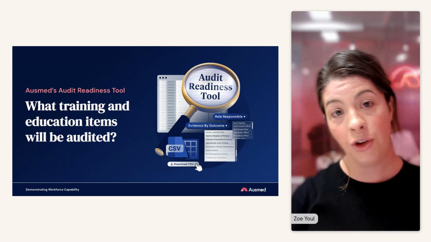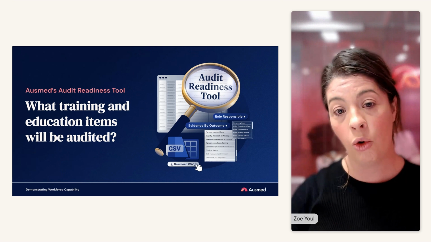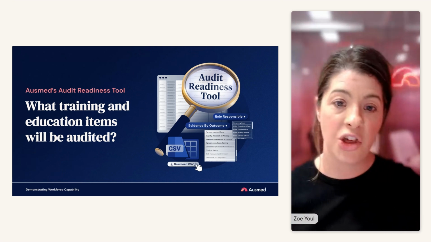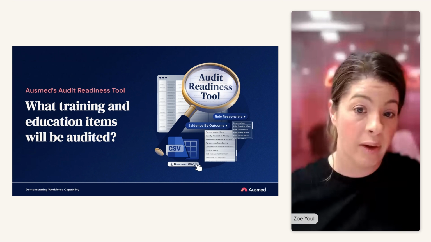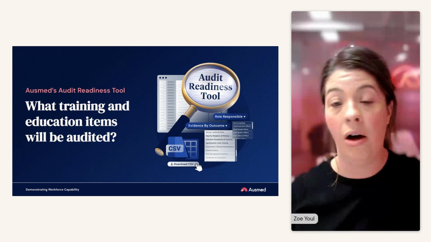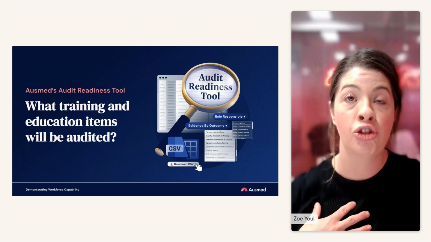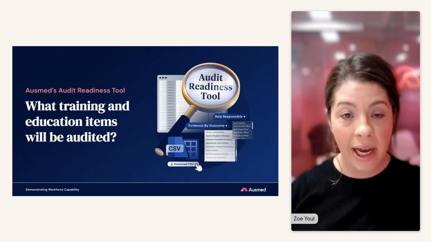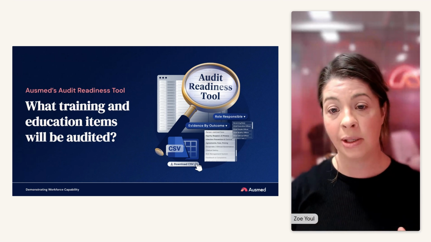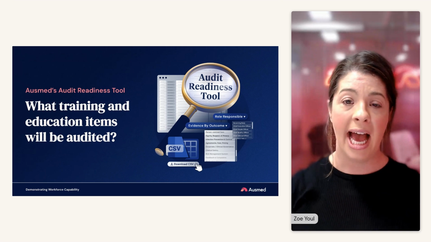But for any of you that hasn't already got yourself a copy, we'll pop the link in the chat to AusMed's Audit Readiness Tool. This has been, I honestly think, obviously I'm biased, but a game changer. We've had so many people request and really give such positive feedback about this tool as being helpful.